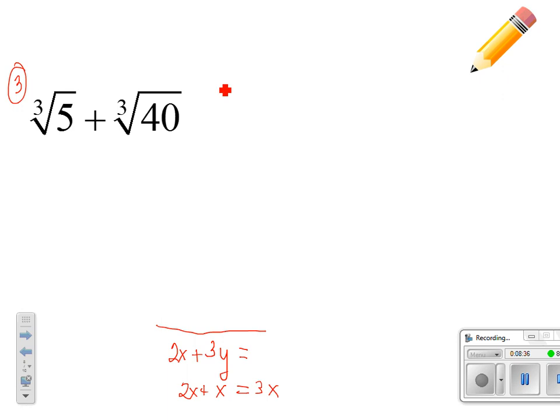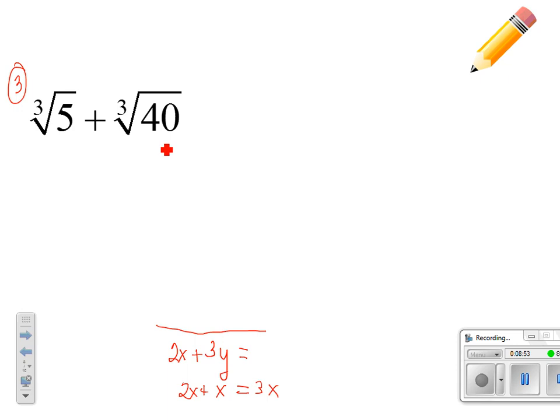All right, so when you look up at this problem and it says the cube root of 5 plus the cube root of 40, I'm hoping you're thinking, well, they can't really be added together because they don't even look like each other. They're kind of like the x and the y down here.